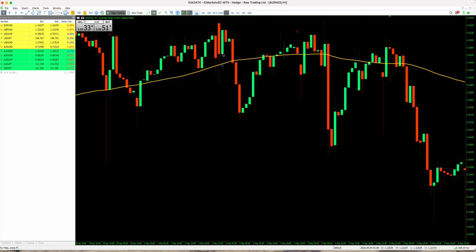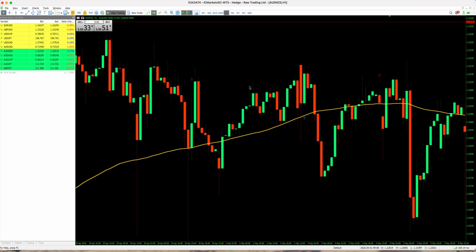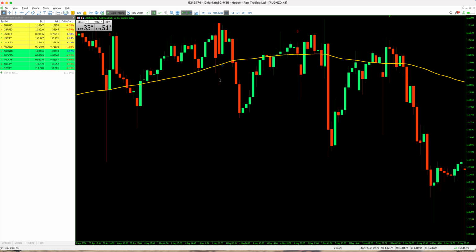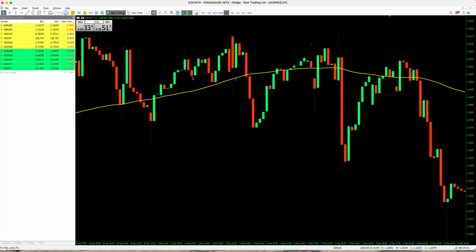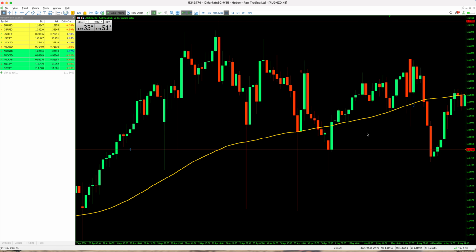In this case you can see the candlestick is above the moving average, but the price went down. So we hit the stop loss, because our stop loss will be here and the entry point will be here. But let's check if the price made any profit. No, the price didn't make any profit.